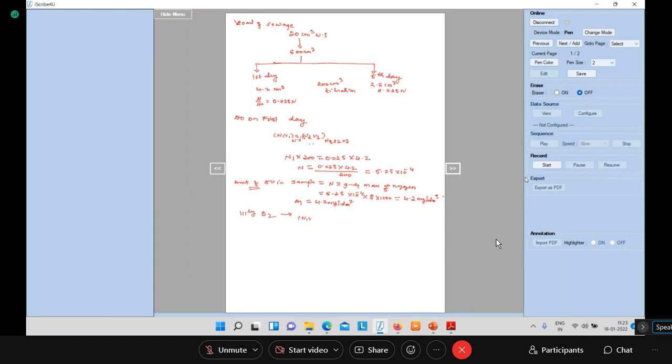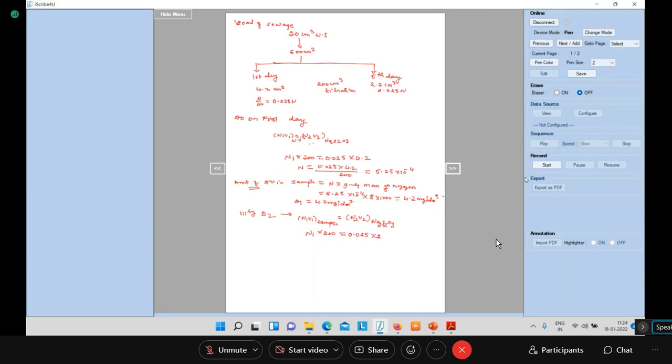Again, N1V1 of sample is equal to N2V2 of Na2S2O3. Here again, N1 you have to calculate. V1 you know: how much water sample have you taken? 200 cm cube. N2, the normality of sodium thiosulfate, again remains constant, that is 0.025, and the sodium thiosulfate consumed is 2.2 cm cube.